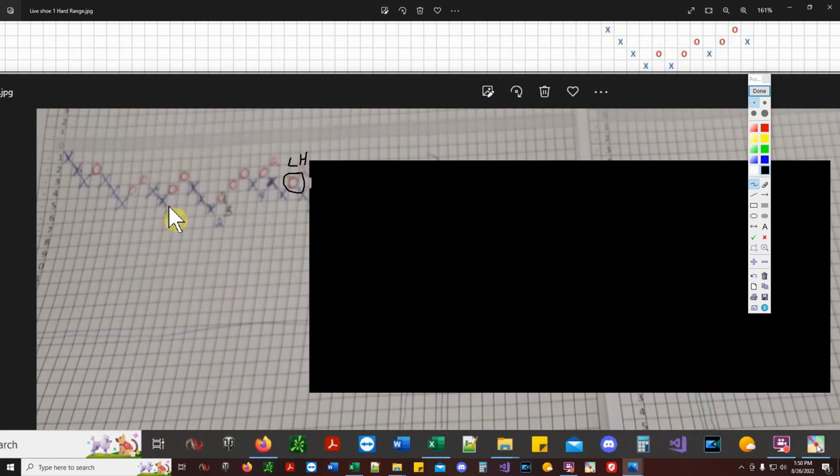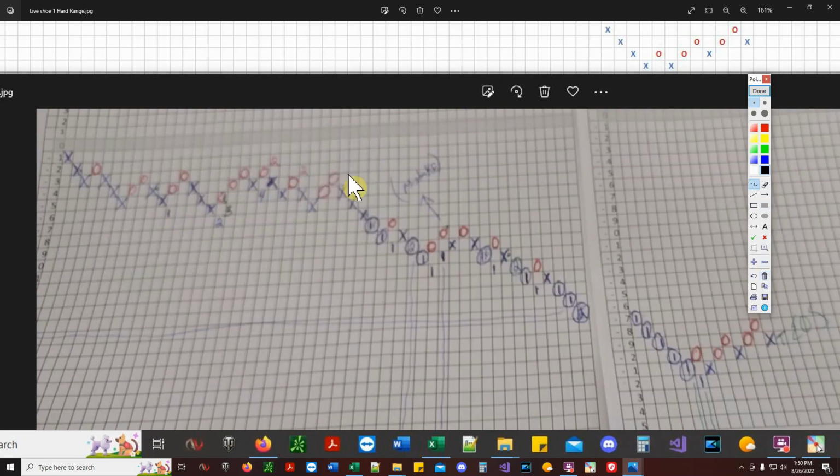Okay, with that being said, range trading is important. In this shoe, I was down maybe 1 or 2 units by the time it was over. I was down 14 units here.